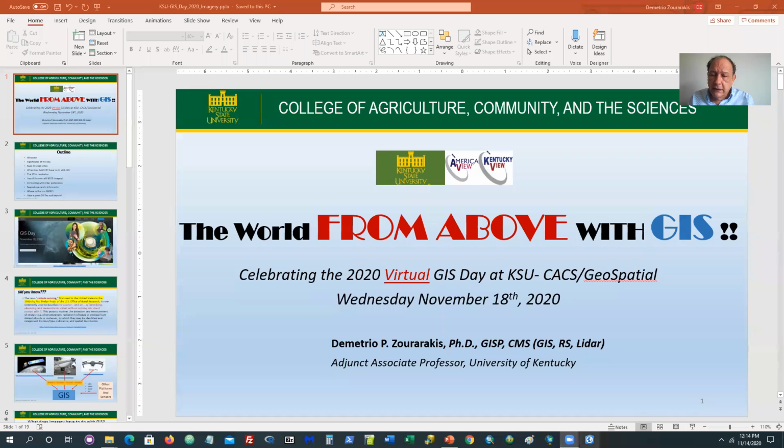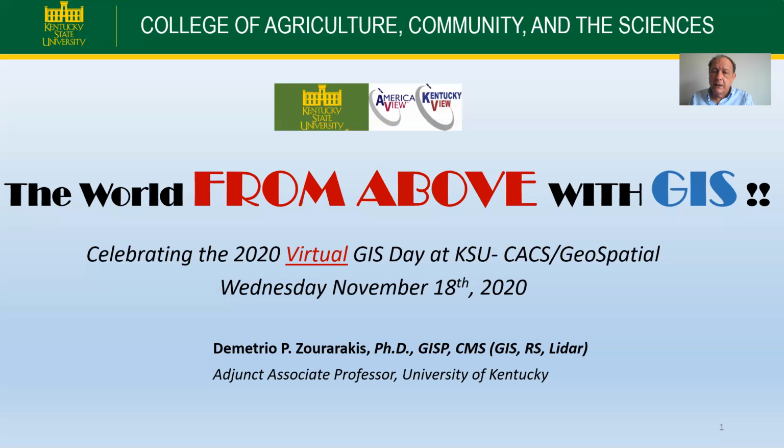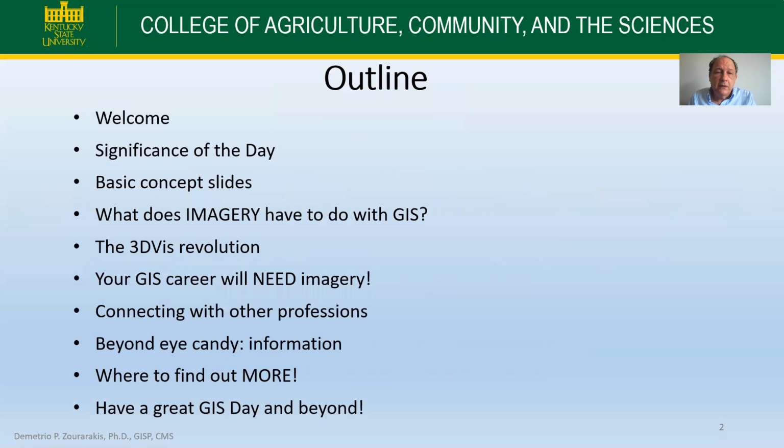I want to go ahead and start out our presentation. The world from above with GIS. This is the outline of the presentation: a welcome, significance of the day across the world, basic concept slides. What does imagery have to do with GIS? We all wonder sometimes about the 3D visualization revolution, which is upon us.